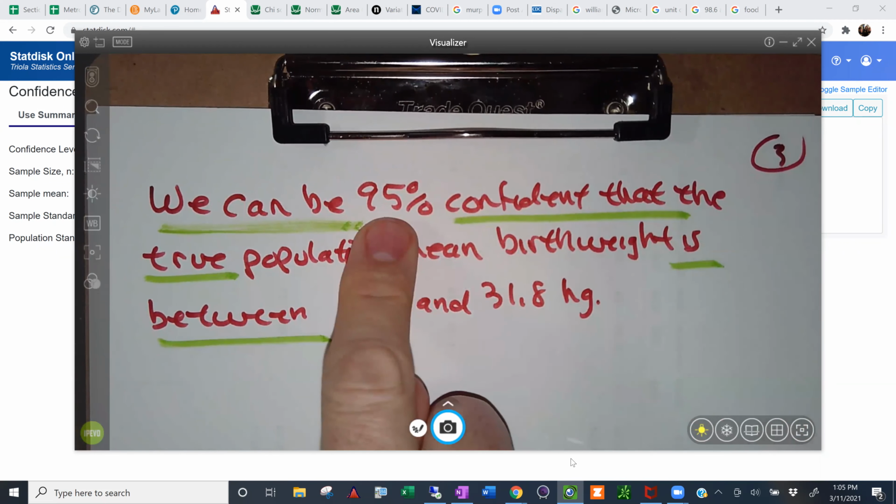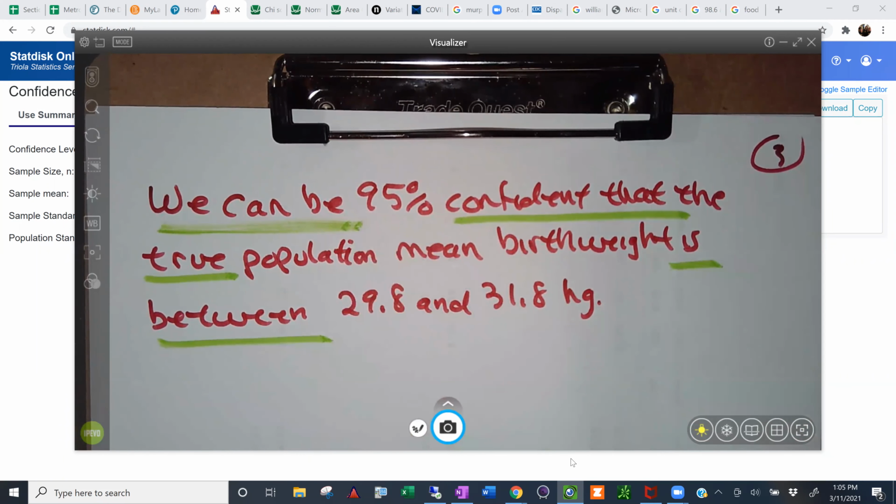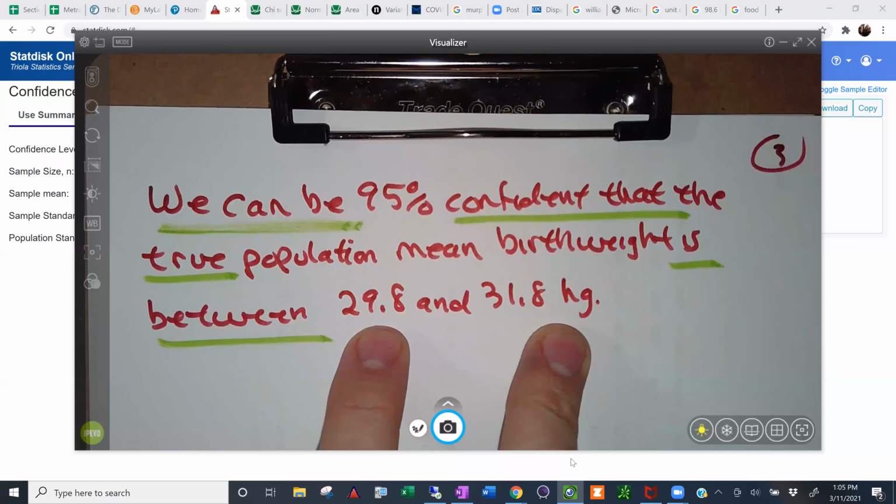What this avoids is talking about probabilities, because talking about probabilities here would be inaccurate at best. The only probabilities that are really involved are 0 and 1. We don't know which. This interval either contains the true population mean or it doesn't. We don't know which.